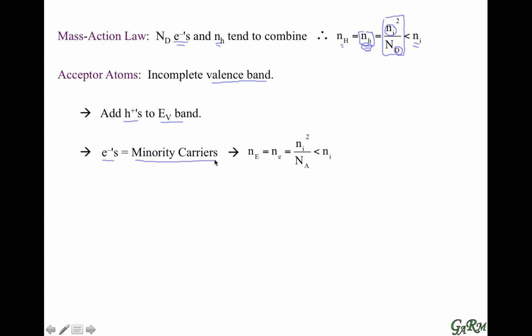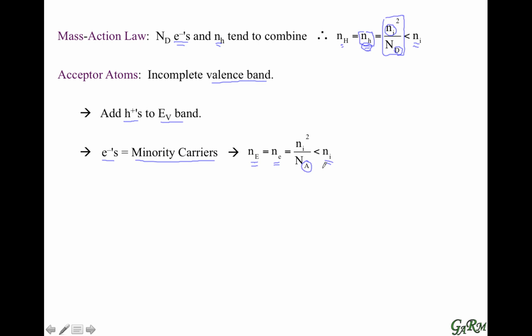And if they're the minority carriers, then the electron concentration is pretty much just the electron concentration that thermionic emissions allow, which in the presence of a lot more holes is less than the intrinsic carrier concentration, and it decreases with a higher concentration of acceptor atoms.